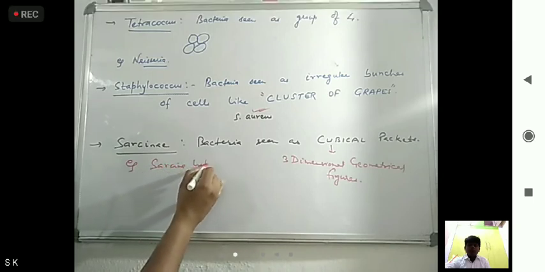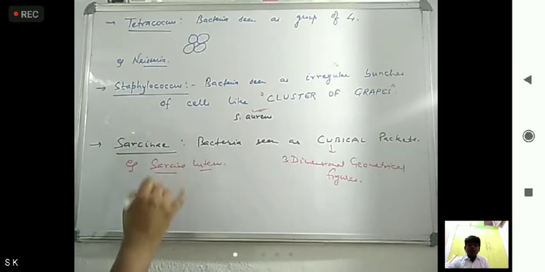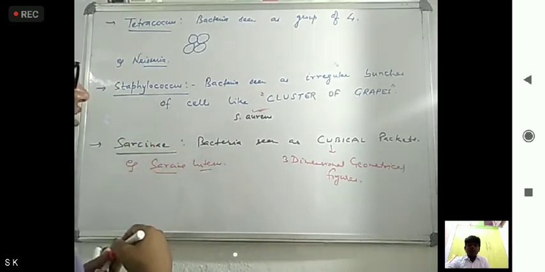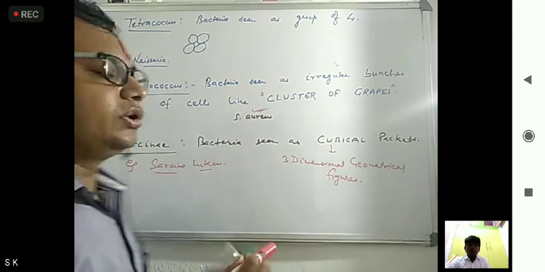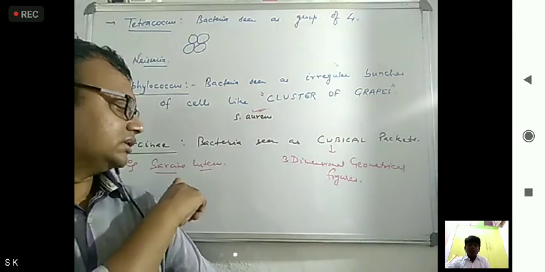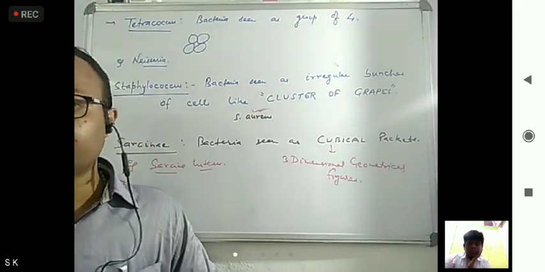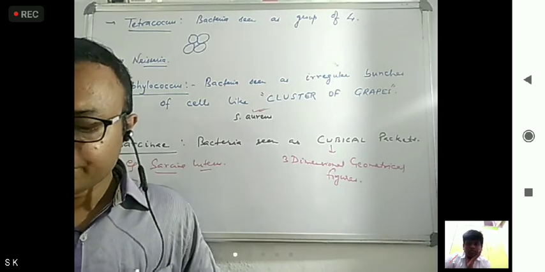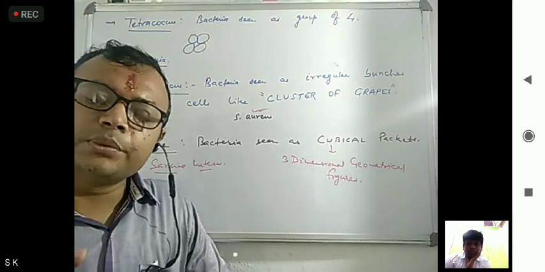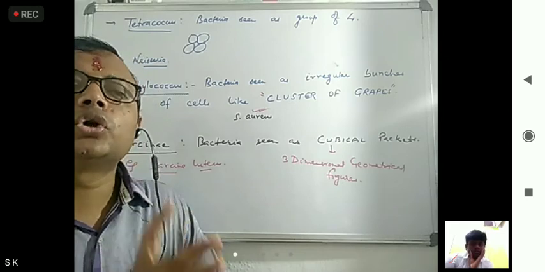But if the Sarcini option is not given and Staphylococcus is given, then in that condition you have to write that Sarcina lutea comes under Staphylococcus.